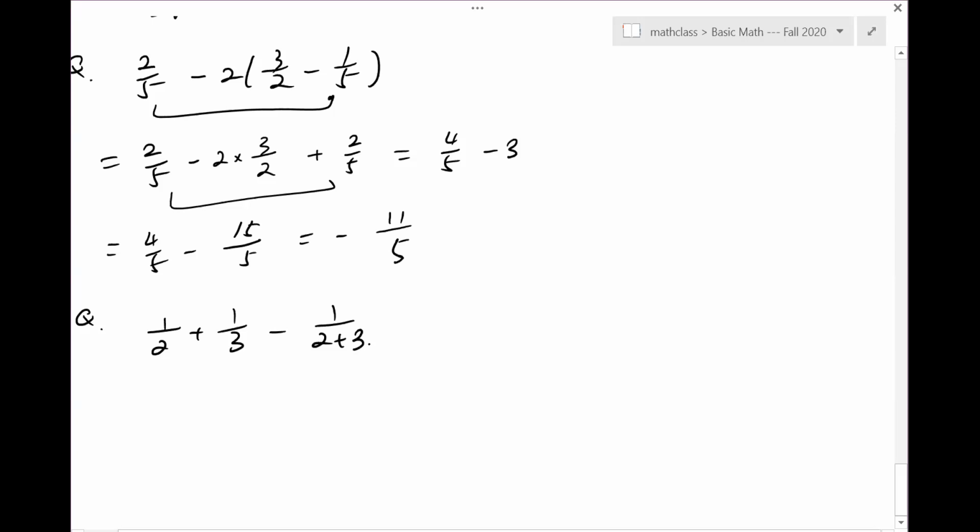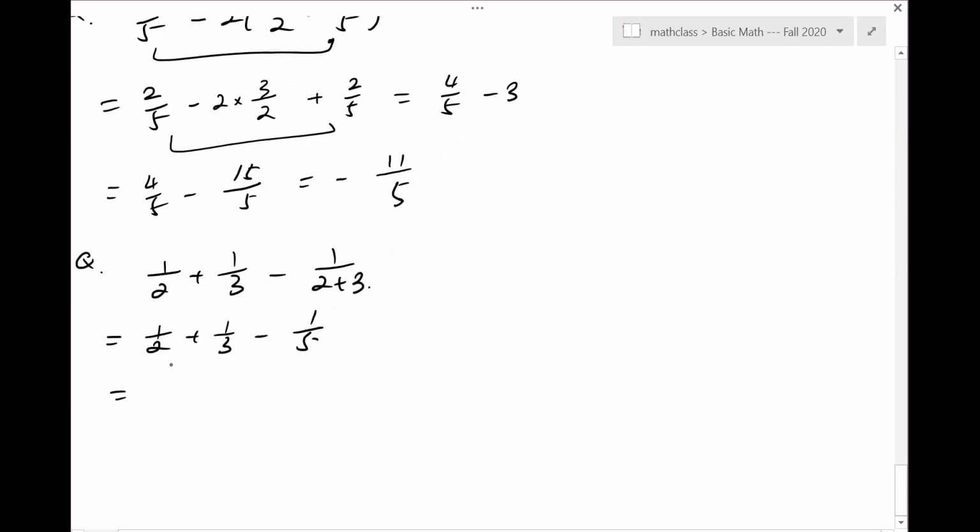Okay. So we do see have answers. Okay, let me show you. So 1/2 plus 1/3 minus 1/5. So the first two, if you combine them, will be 3/6 and 2/6, right? So that would be 3 plus 2 is 5, 5/6 minus 1/5.